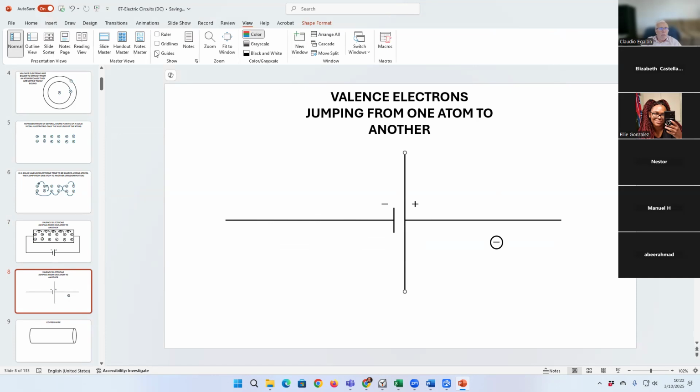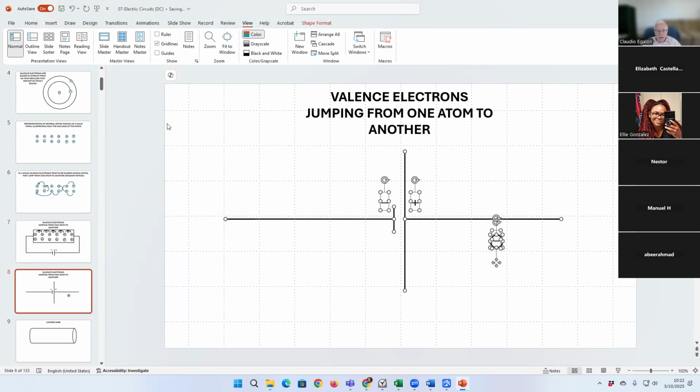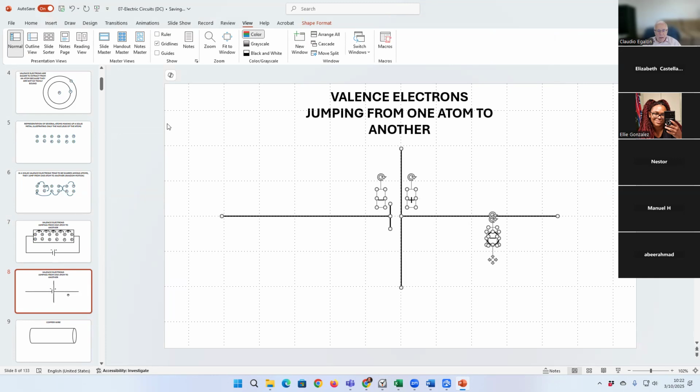Let's make sure we get the grid lines here. Yeah, here you go.